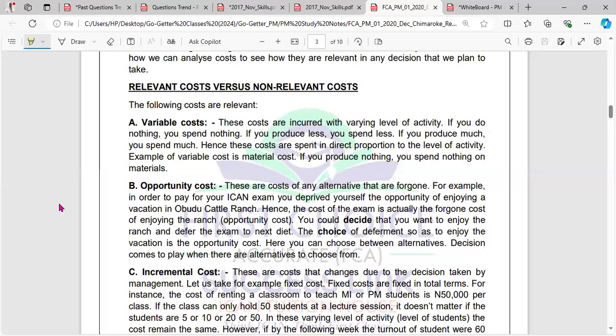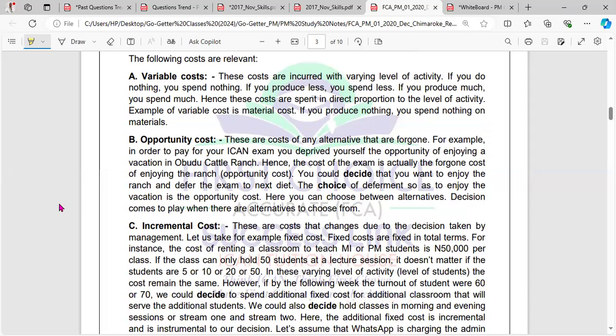Opportunity cost is the cost that you forego for another item. For example, some of us have forgone, we have deprived ourselves of certain things so that we can be in this class today. Now, that thing you deprive yourself of is the opportunity cost.